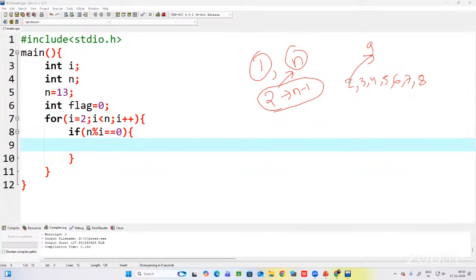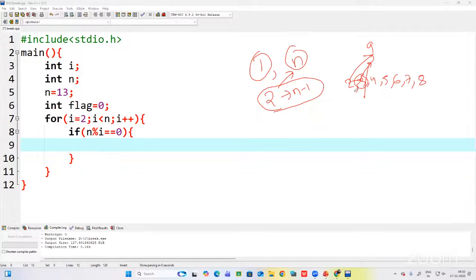As it is not divisible, I'll move to the next number. Now again, I'll check if it is divisible by 3. It is divisible, therefore I'll stop the loop here itself. Why? Because if there is at least one number between 2 and n minus 1 that can divide the given number, it means the number is not a prime number. Because a prime number must have only 2 factors, 1 and itself.